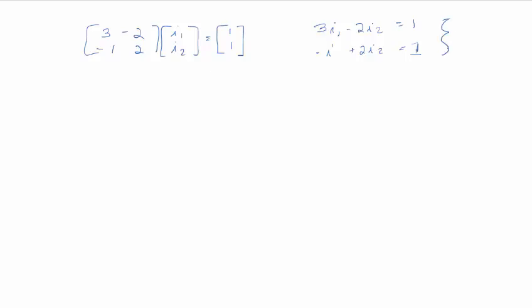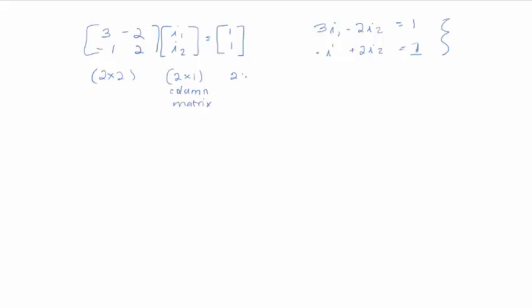So these were the two equations that I just had on the previous slide, and I've now written them in matrix form. This is a 2x2 matrix right here. It's rows by columns, so there are 2 rows. This is a 2x1 column matrix, also called a vector.